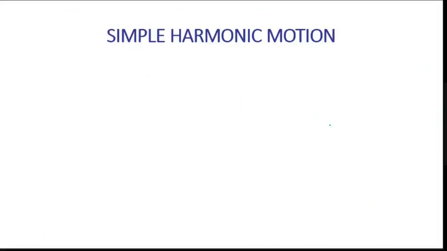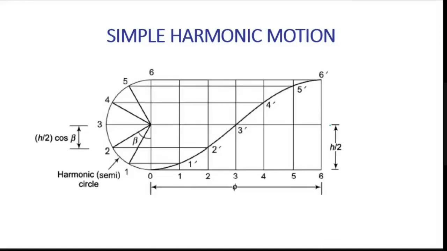Okay, the first one we discussed is uniform motion. Now we will discuss simple harmonic motion. Normally you will have such a simple harmonic motion, and your profile will be something like this. This is my rise.